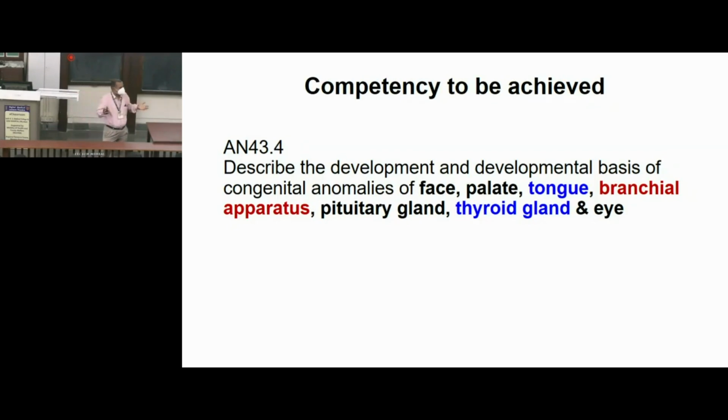What type of organ is tongue? Muscular organ? What is the function of tongue? Can't hear anything. Tongue helps in mastication, mixing of fluid, deglutition, formation of bolus.